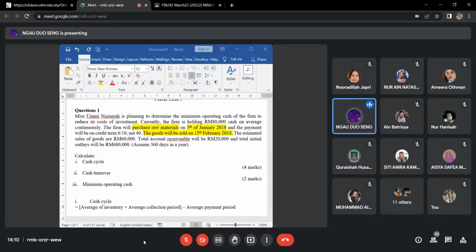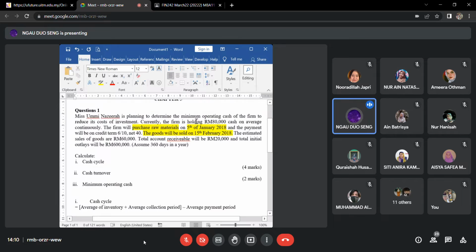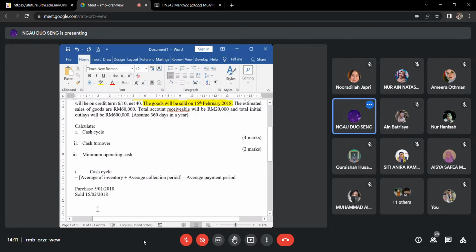So we can calculate. Below here we copy down the information. So they give buy 5 January, sell 15 February. So we can calculate the average of inventory.